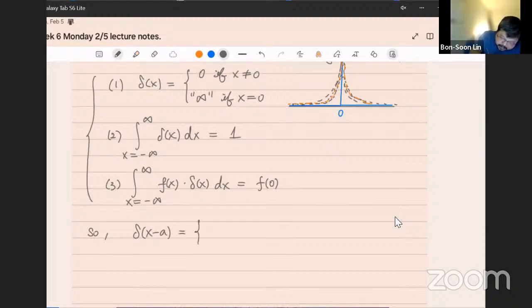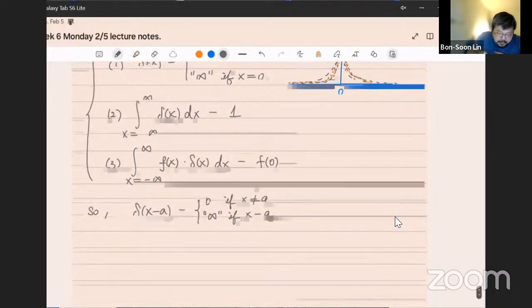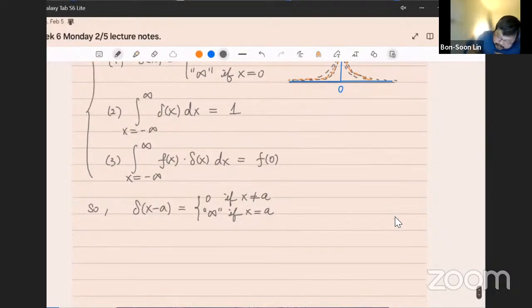This is just 0 everywhere if x is not equal to a, and quote unquote infinity if x equals a. But it's not really infinite because it has finite area underneath this curve. So what is the area? Well, if we were to integrate from minus infinity to infinity of just simply delta of x minus a dx, you will get 1 still.